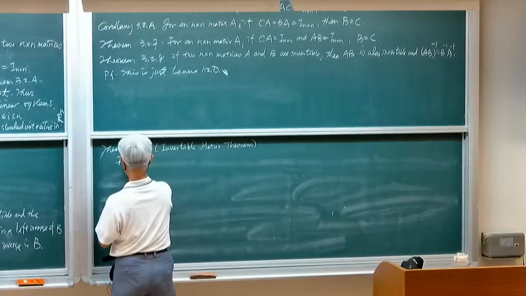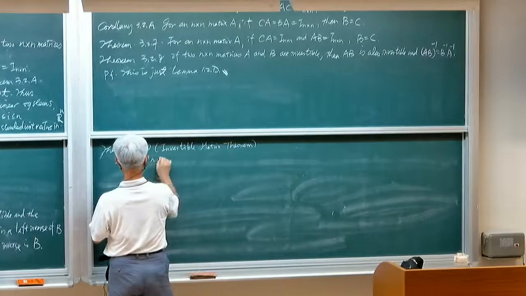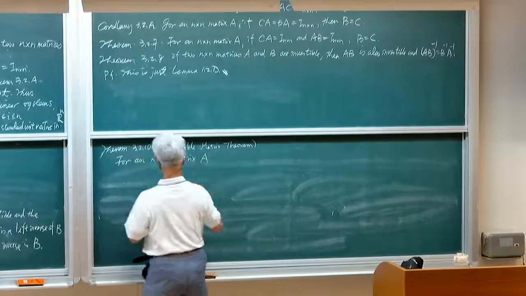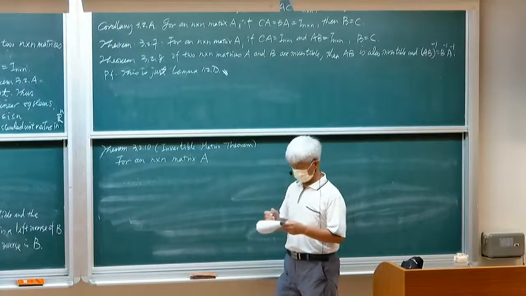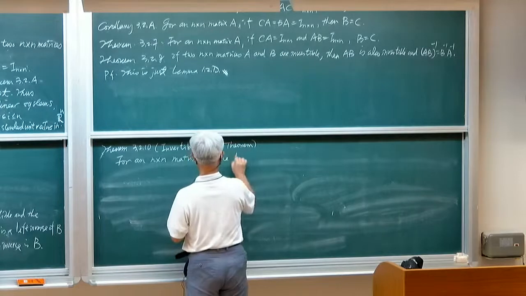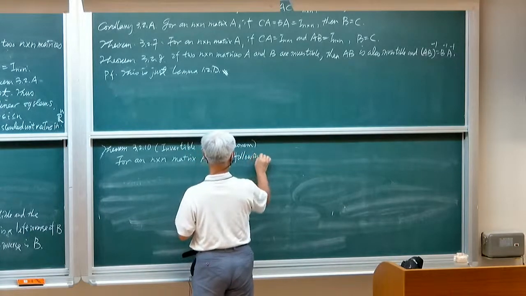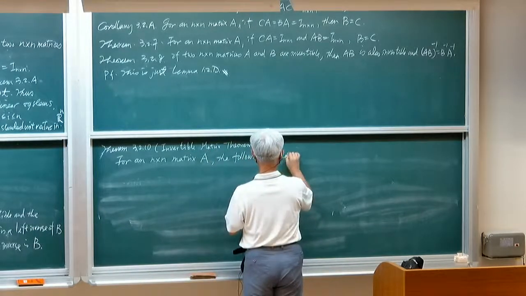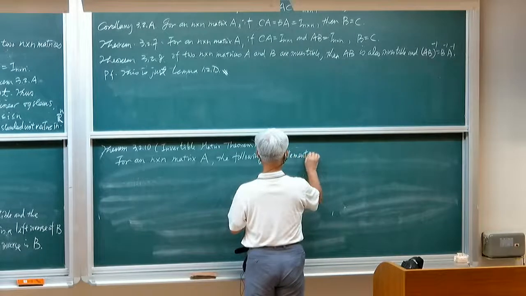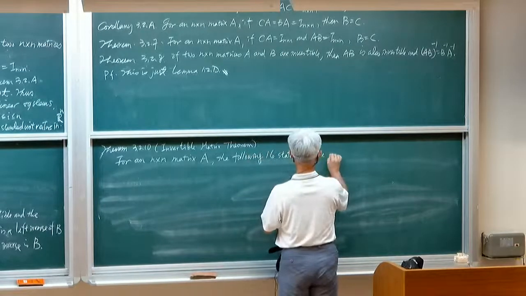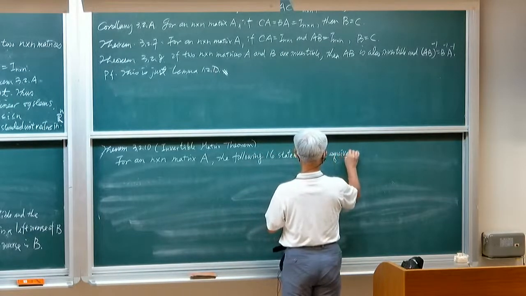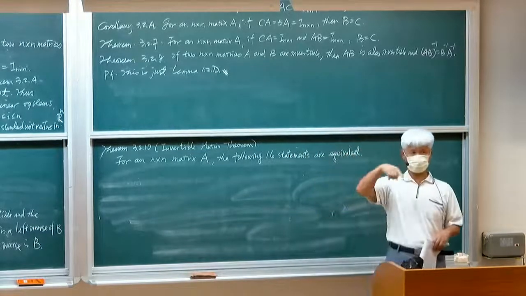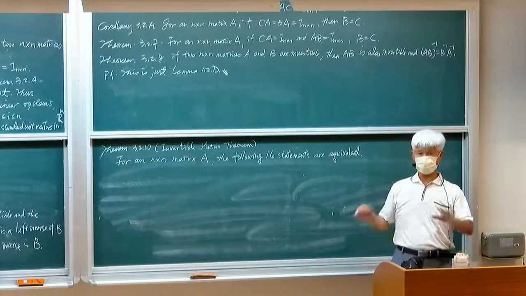Okay, for an n times n matrix A, so A is a square matrix, the following 16 statements are equivalent. Okay, so we have 16 statements, and they are equivalent to each other.